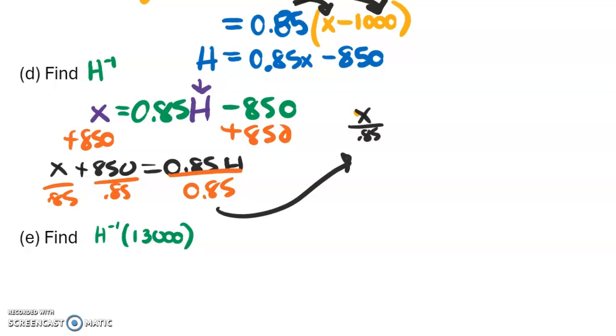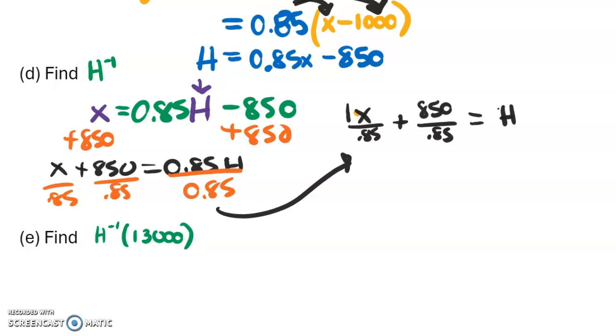And I'm going to put this in the calculator. Remember, there's a 1 here. So 1 divided by 0.85 will give me a decimal, and I'm going to just round that. And then I have 850 divided by 0.85, and I'll put that in the calculator also.